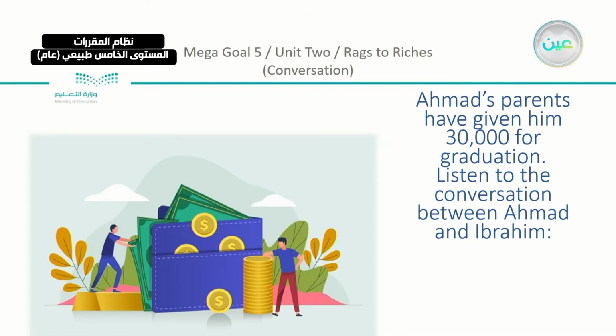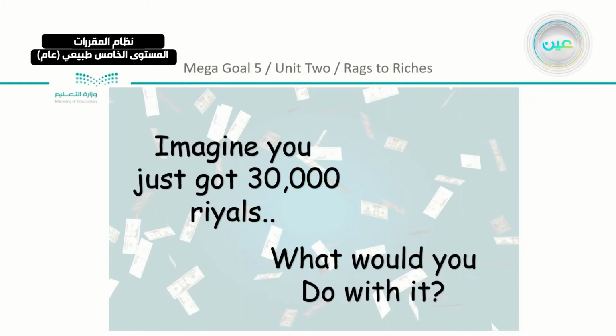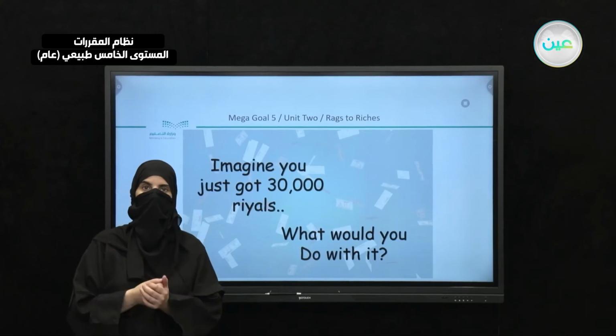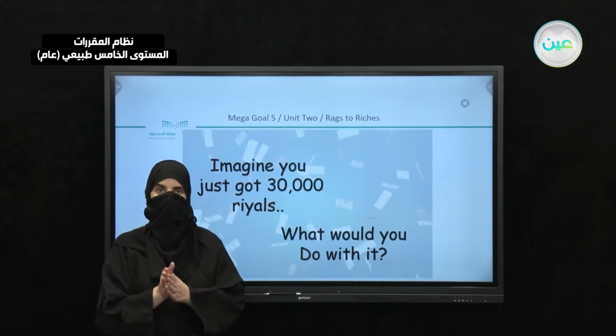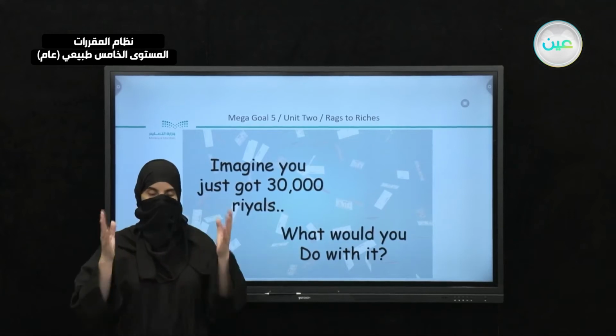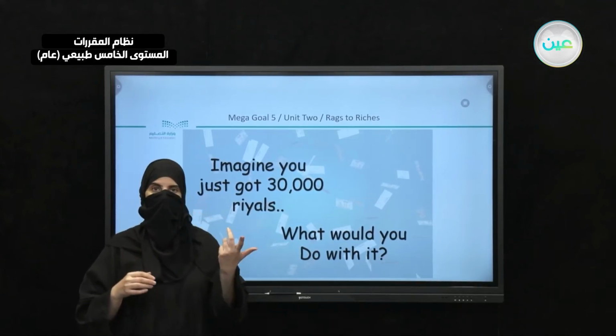Okay, so the question for you is, imagine that you have 30,000 riyals. You got it as a prize, a gift from your parents, for example, for graduation. You have this money, and you're thinking, what can I do with it?